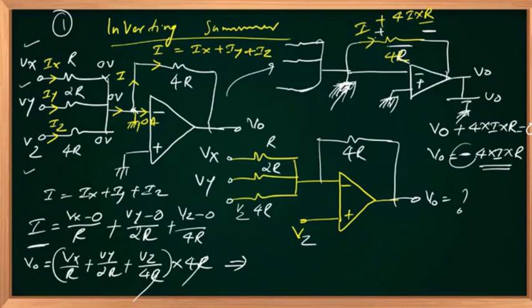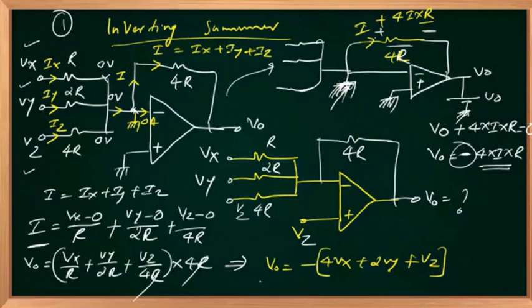It can be simplified as, of course, we'll have 4 different options, and one option will be the right choice. So V out is nothing but minus of 4Vx plus 2Vy plus Vz. So it's summing with an inversion sign. So it's an inverting summer.